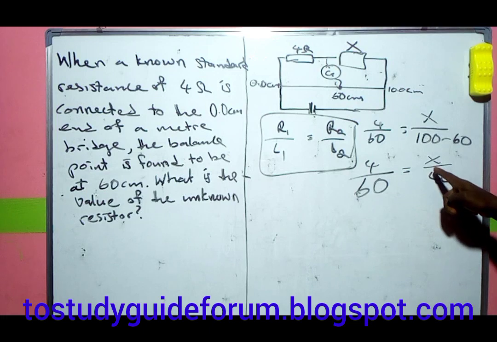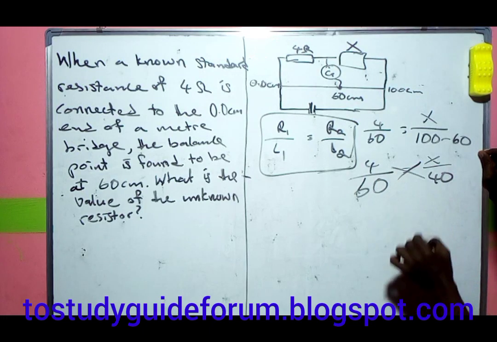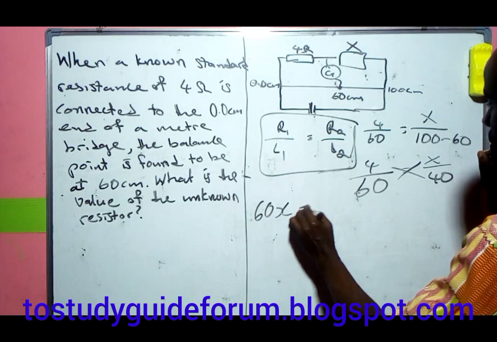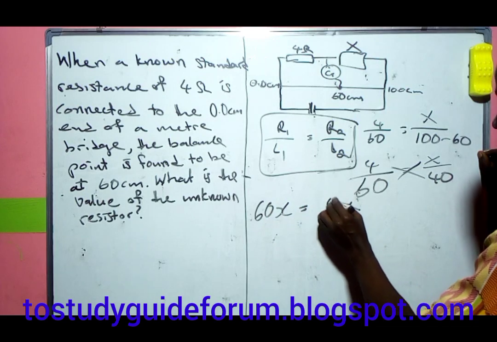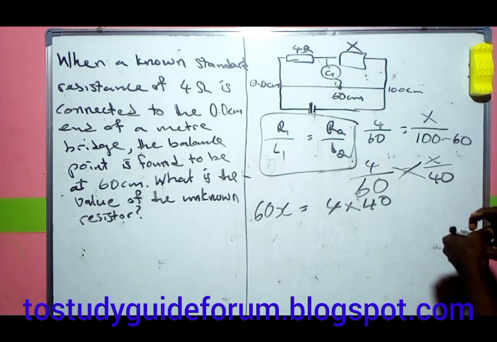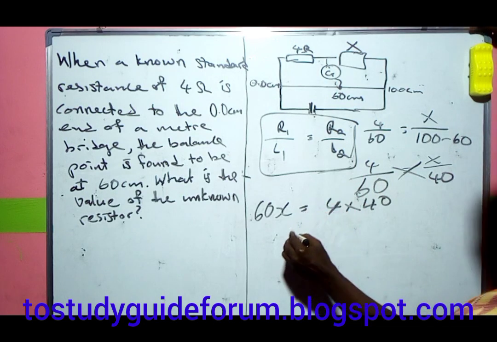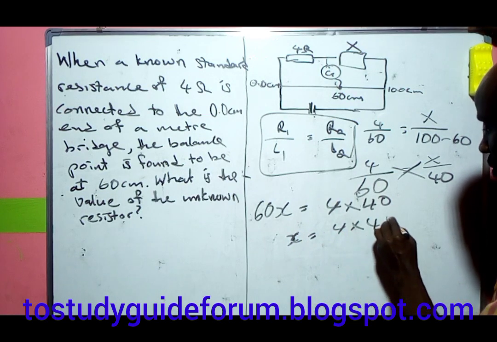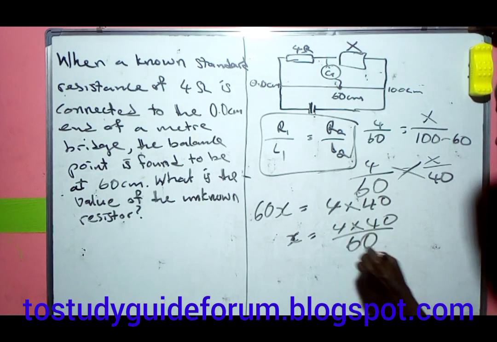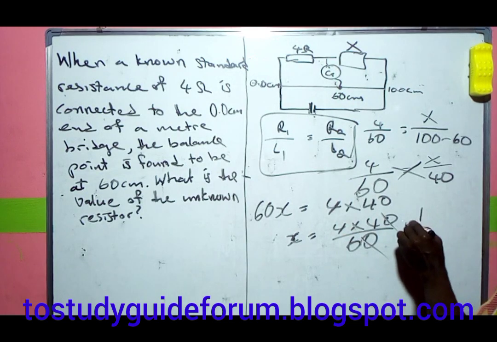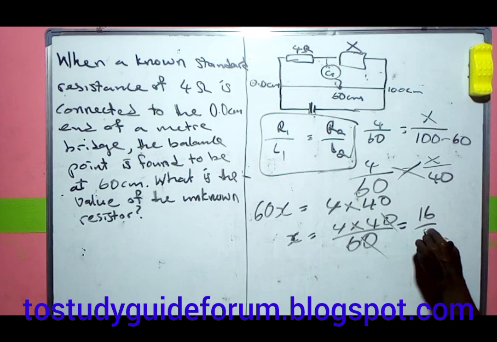So the next step is that we cross multiply. If we cross multiply, we'll have 60x equal to 4 times 40. So now x will be equal to 4 times 40 all over 60. We can cancel out. We have 4 times 4 equals 16 over 6.